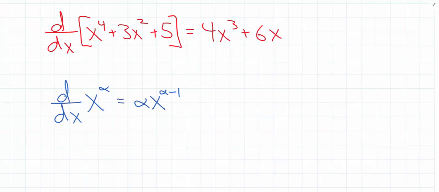I'm using alpha because n is usually reserved for natural numbers. But let's suppose alpha is pi. If alpha is pi, x to the pi, the derivative would just be pi x to the pi minus 1. There it is, because pi is a number. Any questions about that?